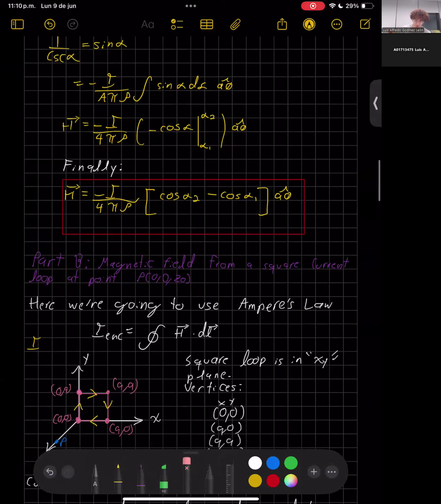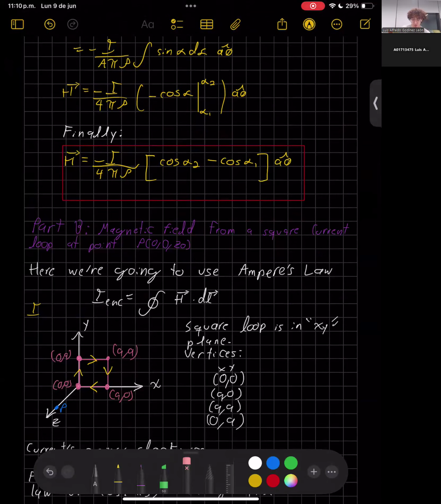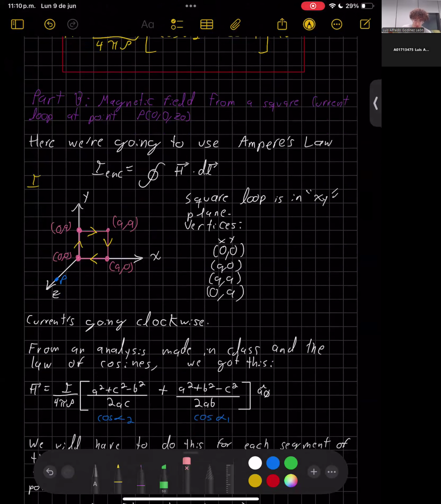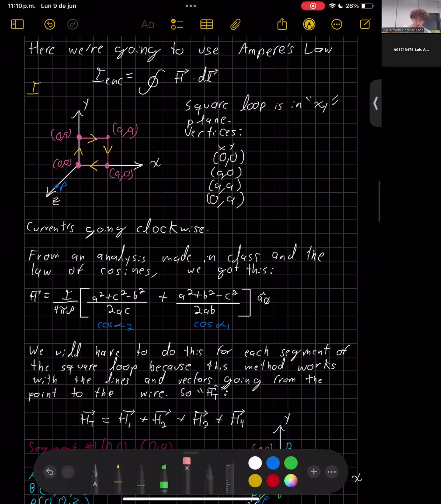Then we go to part two, that is the magnetic field from a square current loop at point 0, 0, Z0. I first planned it with Ampere's law, but I ended up doing it with Biot-Savart because I noticed that you tell us that we should use Biot-Savart law.